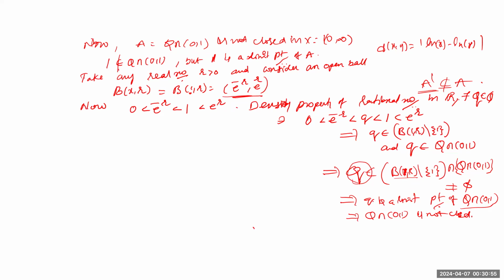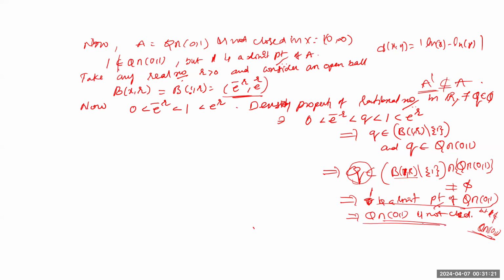So not q, this is 1. 1 is a limit point of Q ∩ (0, 1), but 1 is not a member of Q ∩ (0, 1), because here is the open interval (0, 1).